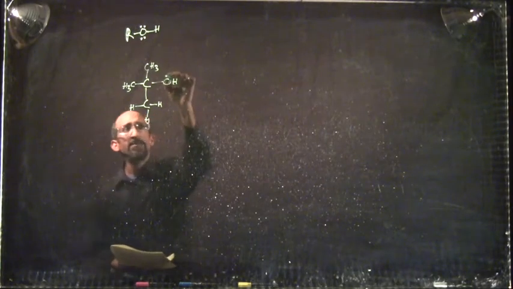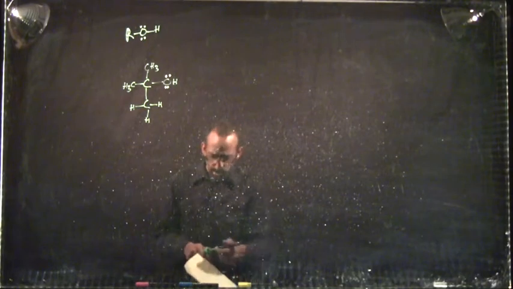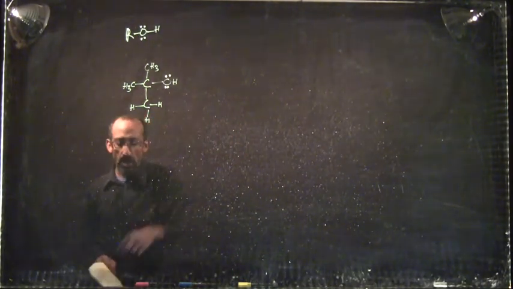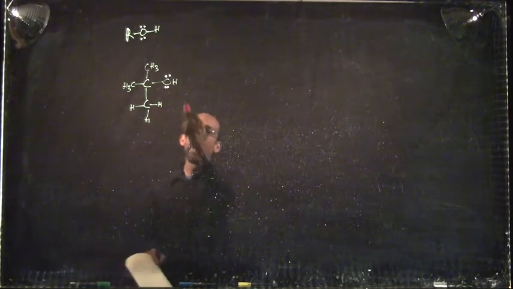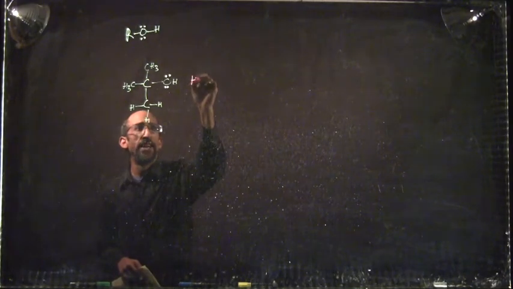Similar to an SN1 reaction, I'm going to need to activate this alcohol, or another way I can say that is convert that OH into a good leaving group. And so the first step is to protonate it.